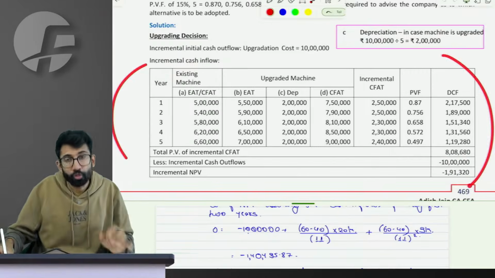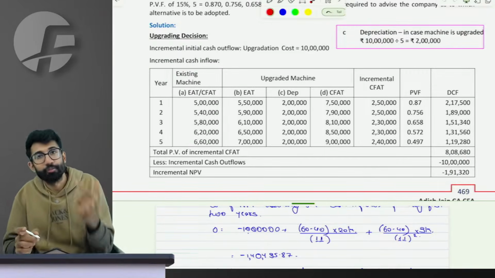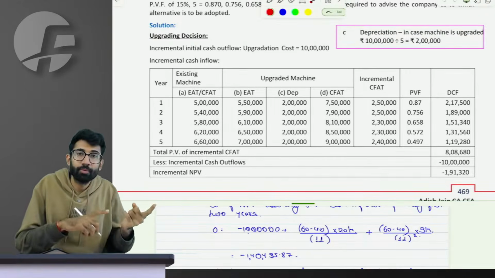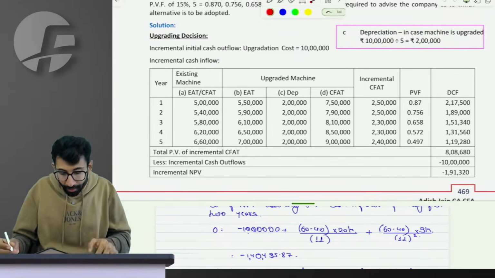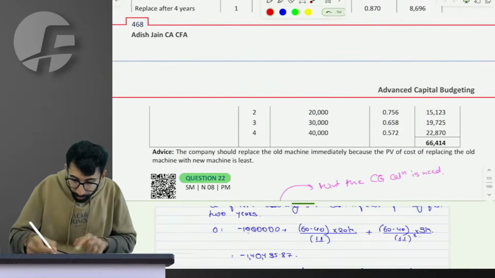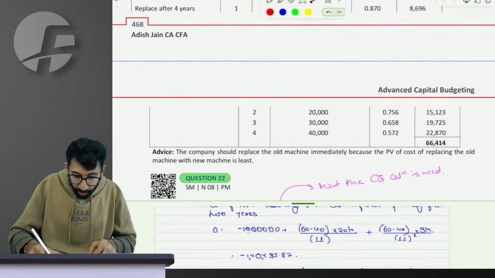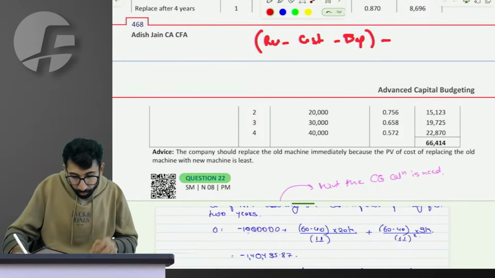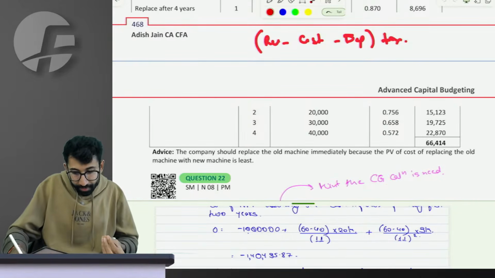The objective was not to solve but to give you a sense of it, right? Perfect. Sir, in this question, how is it different from the previous question? In the previous question, we know that revenue minus cost minus depreciation gives you PBT, minus tax will give you CFAT plus depreciation.